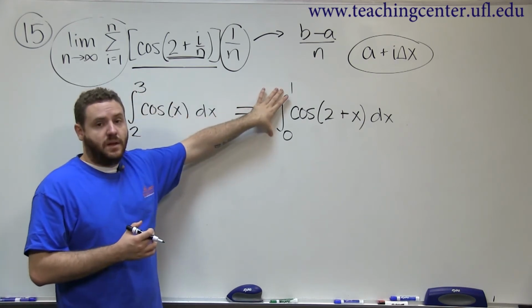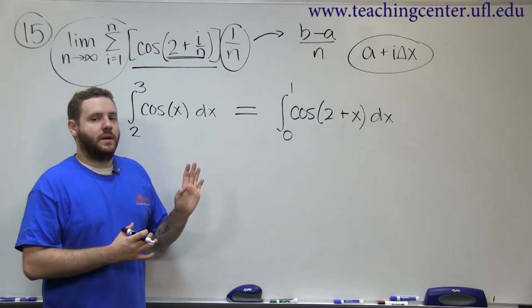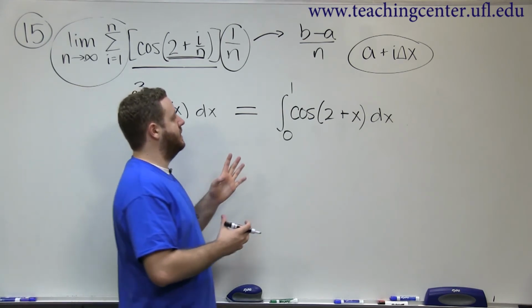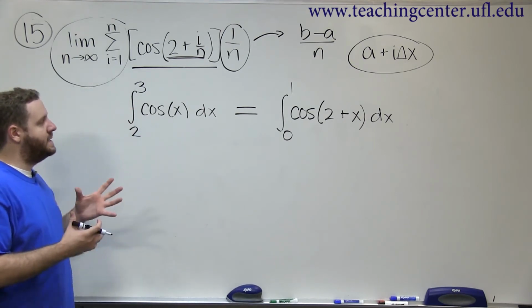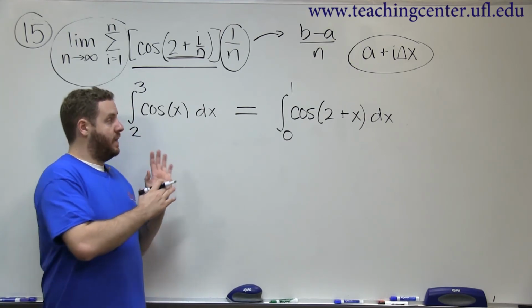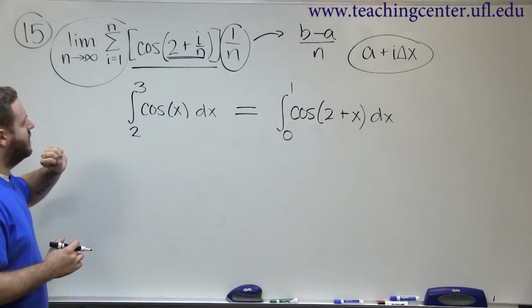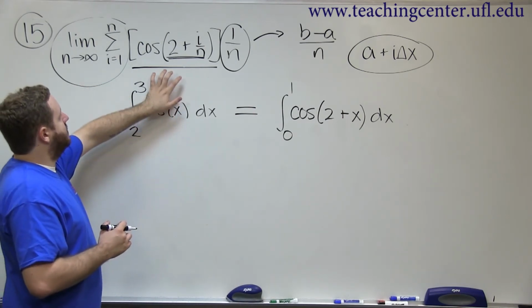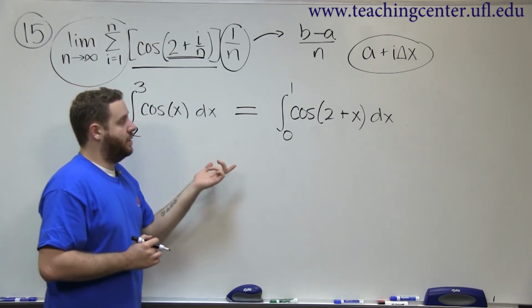I shifted those to the left 2 and got 0 and 1. So these are exactly the same thing. It's not even like they're different things that kind of look the same or different ways of evaluating the same function. These literally are the exact same thing. So either of these would be an acceptable way of rewriting this Riemann sum, either one.